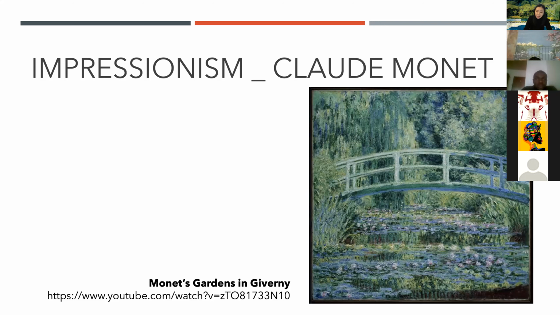In his eyes, everything looked blurry and yellowish and brownish to him. So after he was diagnosed with cataracts, he spent most of his time in his garden. So this is his garden's view, very beautiful. He left so many beautiful garden landscape paintings, and he died at 86.